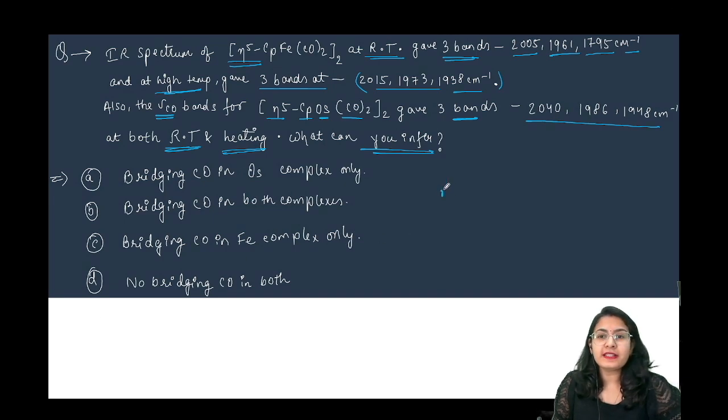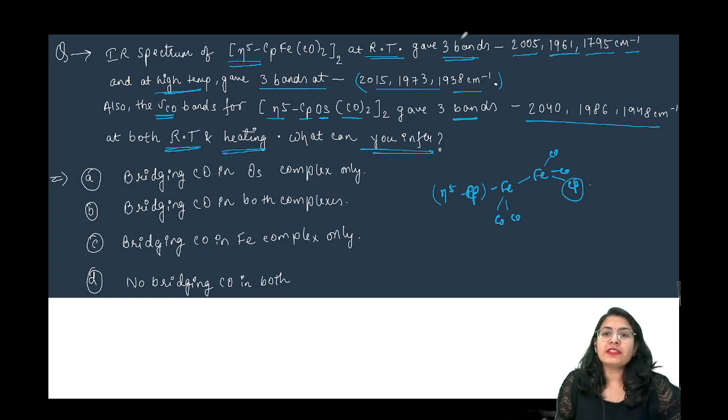So the complex is eta 5 Cp, which is connected to iron, along with 2 of the carbonyls per iron. So all of this is connected to iron. This is the Cp eta 5, right? So it gave us 3 bands. Why is it giving us 3 bands?